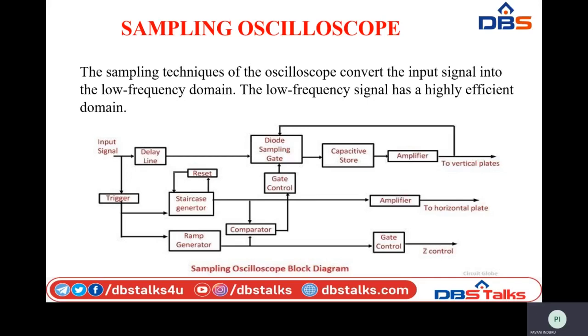After that the sampling pulse can be generated, which is used to open the diode sampling gate. After that it is converted into a continuous waveform. In the vertical section, a vertical amplifier is present to amplify the reconstructed signal. Similarly, in the horizontal section, a horizontal amplifier is present.